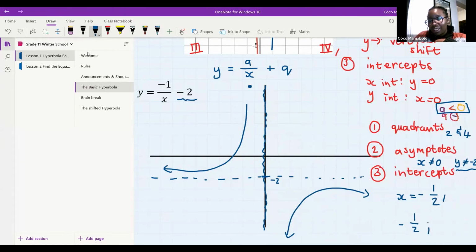And to get my intercept, I had to make my y equal to 0. So this point here, where the graph crosses this line here, is -1/2 and 0. All right, guys, are we okay with this particular example?